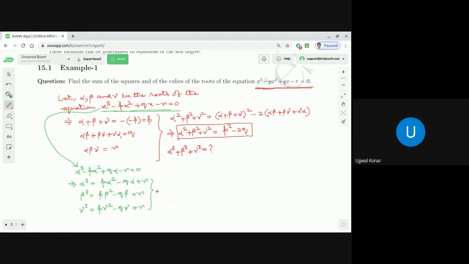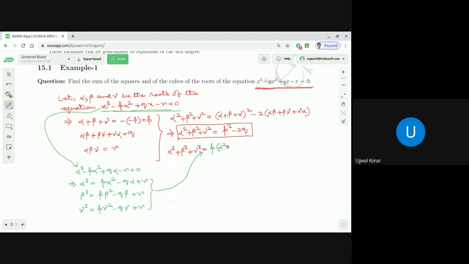Correct? So now what we are going to do? Let us add all these things. So if you take all these things here, dear students, what you are going to get? P alpha square minus Q alpha plus R plus P beta square minus Q beta plus R plus P gamma square minus Q gamma plus R. So simply you can take P common, what we get?